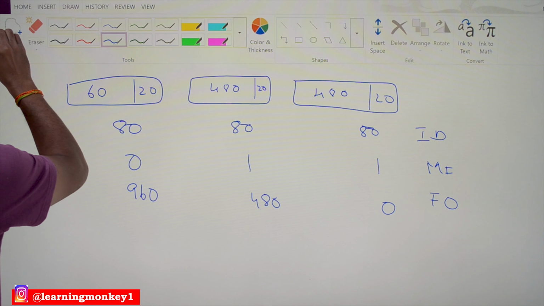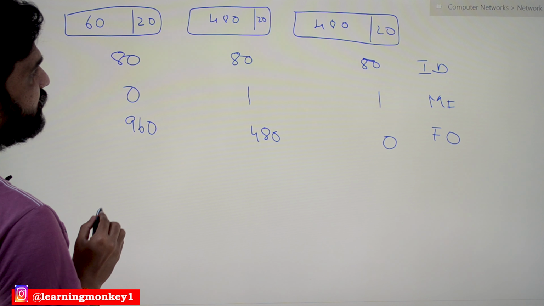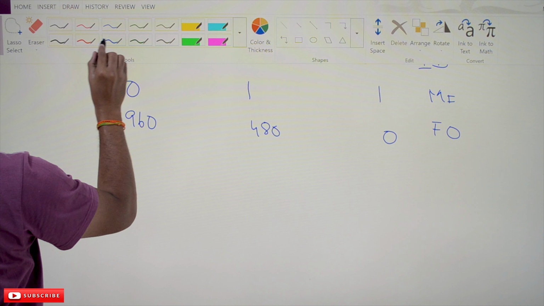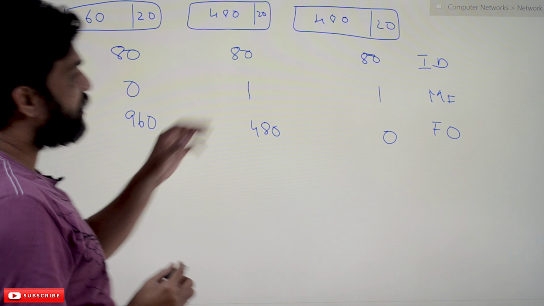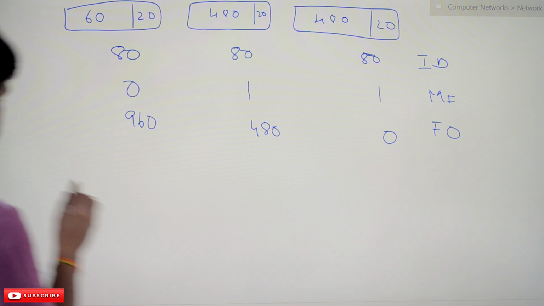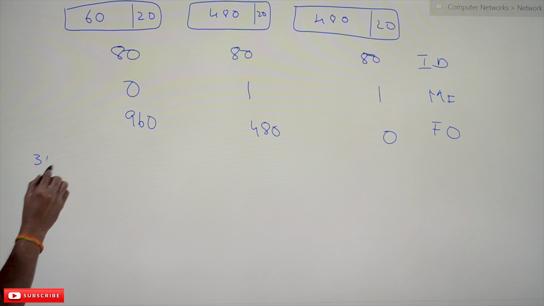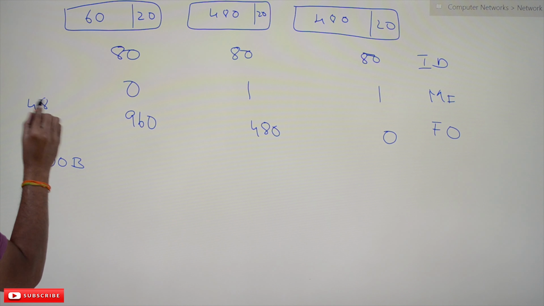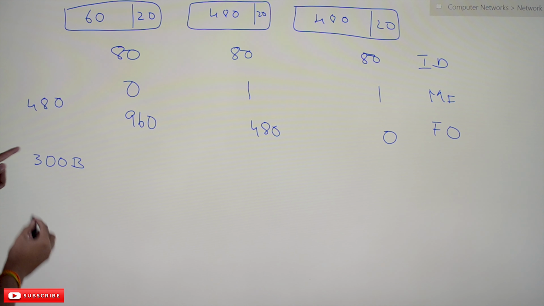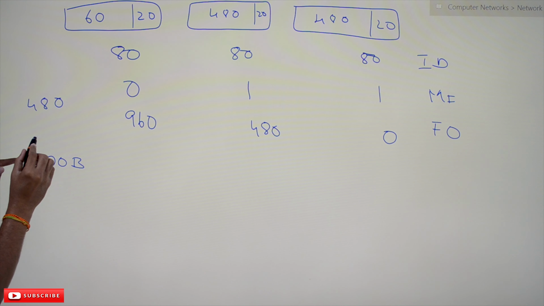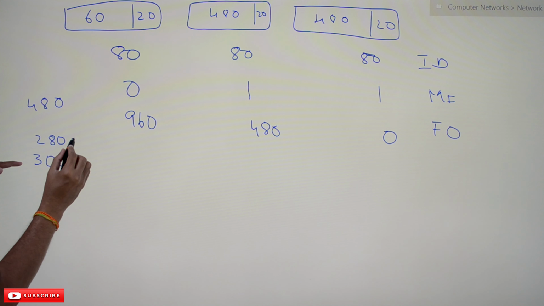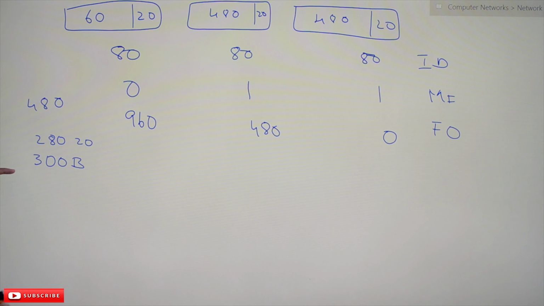Okay, now at the router, this packet has to be divided again into small pieces. So how is that fragmentation done? See here, the capacity of the underlying network is 300 bytes, but we have received data of 480, and the network layer should have 280 bytes of data and 20 bytes for the network layer header.